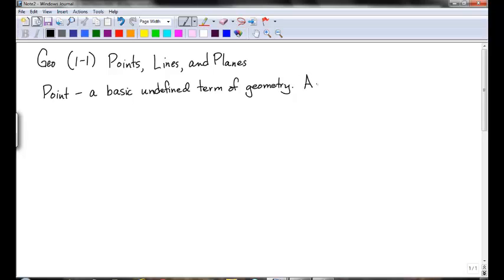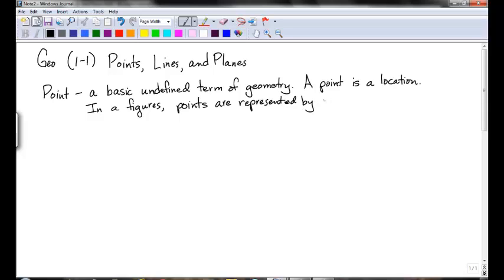A point is a location. In a figure, points are represented by a dot.